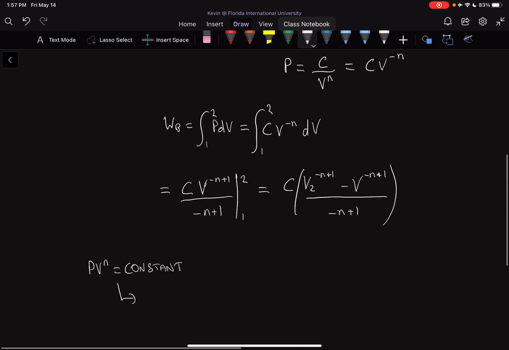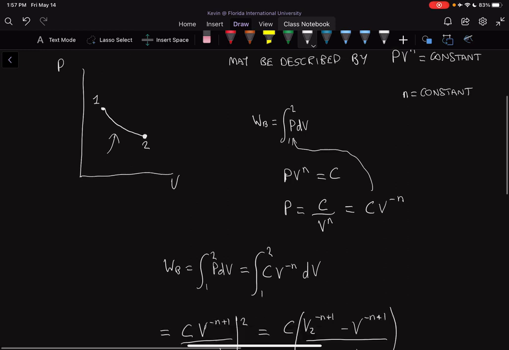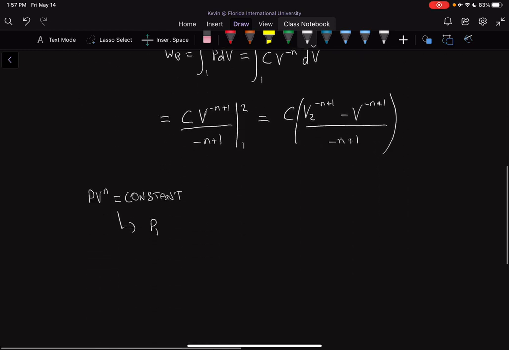We can say that if the process is following a polytropic process, as shown up here, then it means that P1 V1 to the n is equal to P2 V2 to the n, because at any point in the process it should be equal to a constant. Any point on this line should be equal to a constant. So we can say that P1 V1 to the n is equal to P2 V2 to the n.